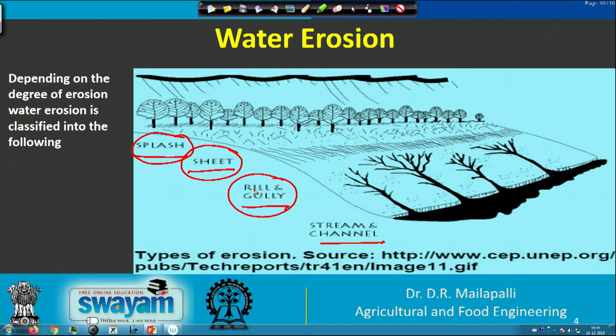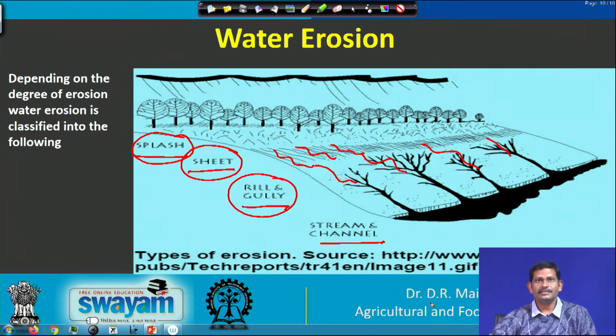The sheet flow becomes concentrated in one place and forms rills, the thin lines you see here, which develop further into gullies. The gullies are deep and widened channels.